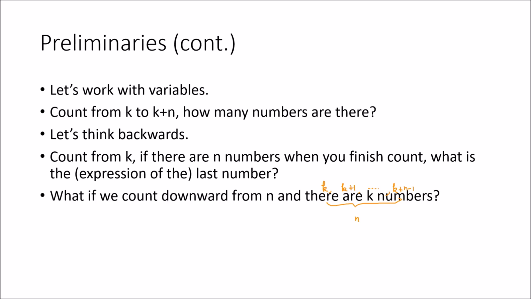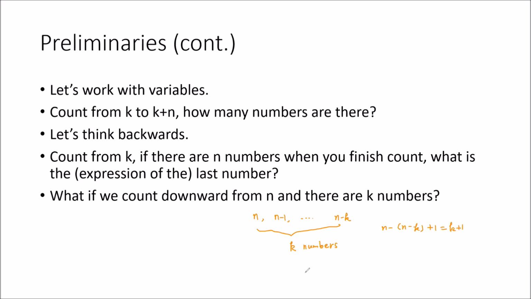Now, what if we count downward from n, and there are k numbers? You start from n, then n minus 1, and dot, dot, dot, and I tell you there are k numbers. You're getting smaller. It's tempting to write n minus k, but then n minus k, you need to add 1 back, so you would get k plus 1 numbers.